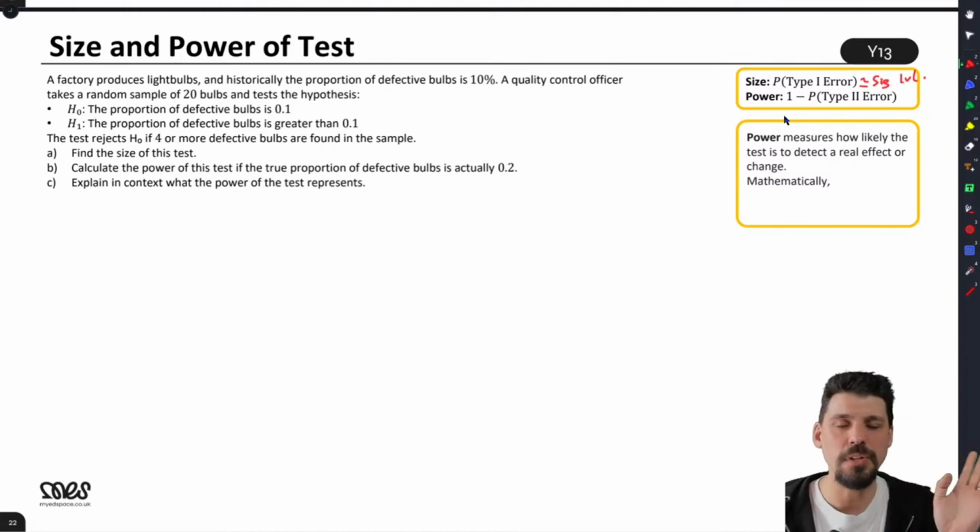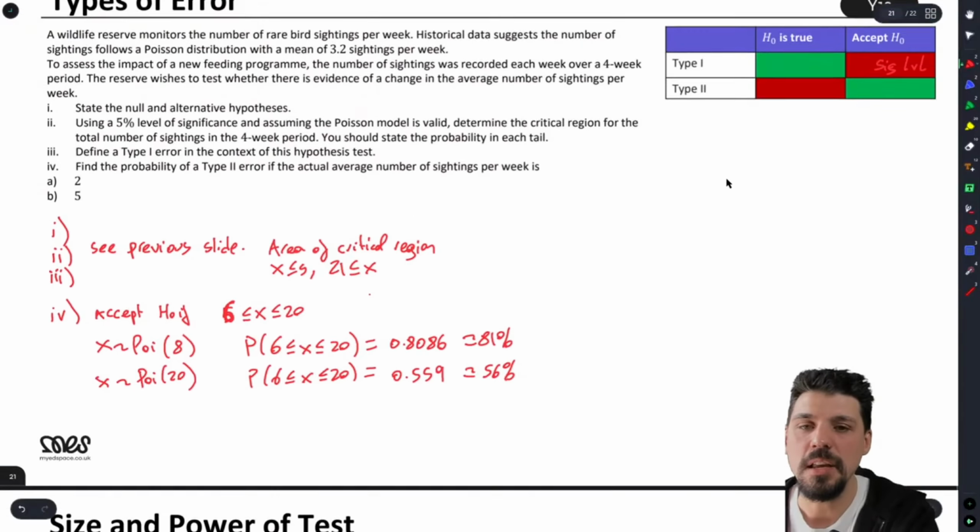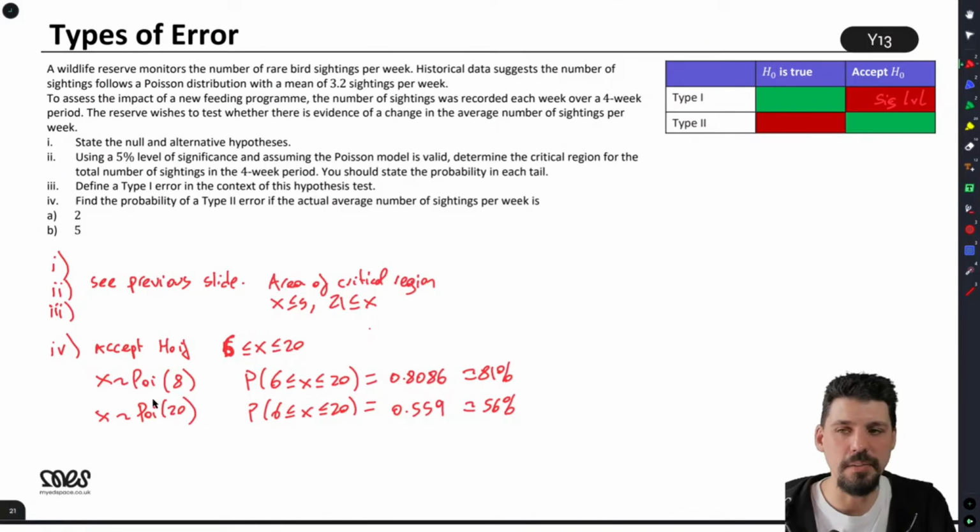So if I say lambda is 2.8, and in fact, if lambda was 1, there's still a really high chance of me making a type 2 error, then it's not a very sensitive test. This test, is it very sensitive? Well, bearing in mind that we thought it was, in our test we're saying 3.2 per week.